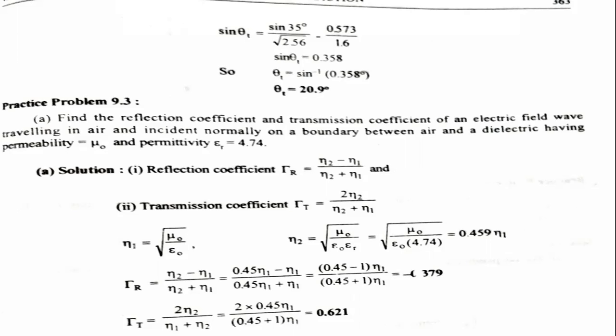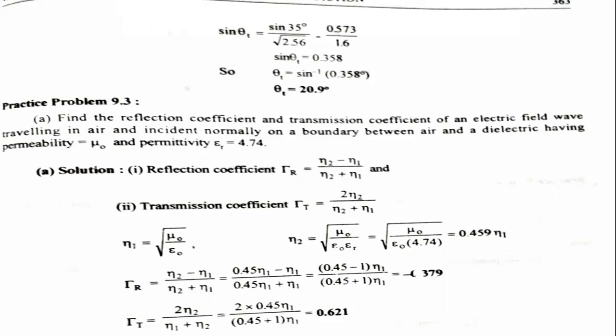and incident normally on a boundary between the air and a dielectric, having permeability mu 0 and permittivity epsilon 0 epsilon r, where epsilon r is equal to 4.74.